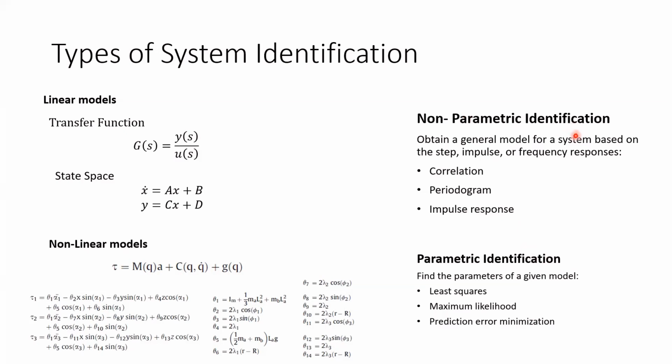In non-parametric identification, according to the order of our model, we can create as huge an order model as we need. In the parametric case, we already know how many parameters we have. For example, in this nonlinear model, we already know that we have these theta 1 to theta 14 parameters. So this could fit inside this type of identification. This identification has other techniques to perform, like least squares, maximum likelihood, or prediction error minimization.